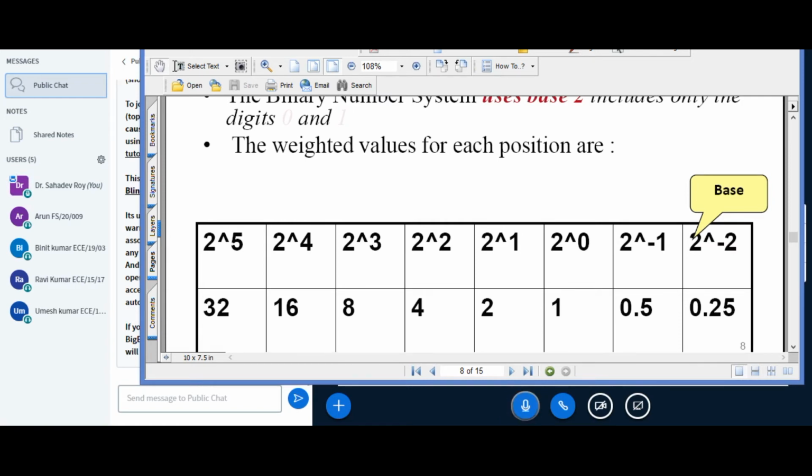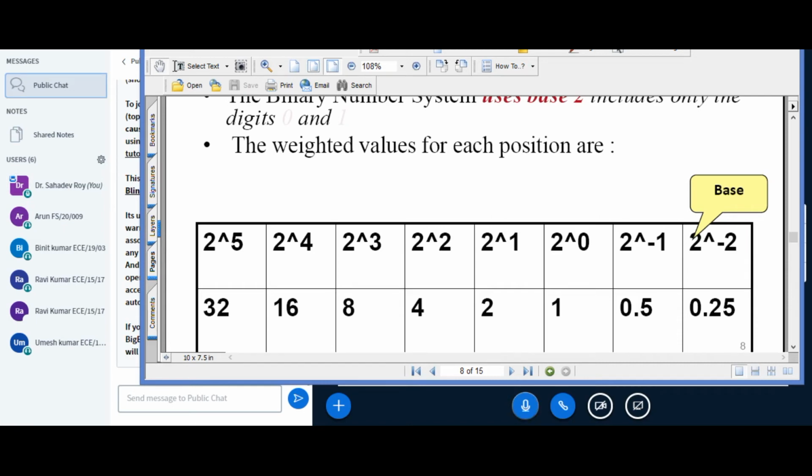In a similar fashion to the decimal system, we have 2 to the power 0, 2 to the power 1, 2 to the power 2, 2 to the power 3, 2 to the power 4 and 2 to the power 5, and on this side 2 to the power minus 1, 2 to the power minus 2. So 2 to the power 5 means 32. This position value is 32, then 16, 8, 4, 2, and 1.